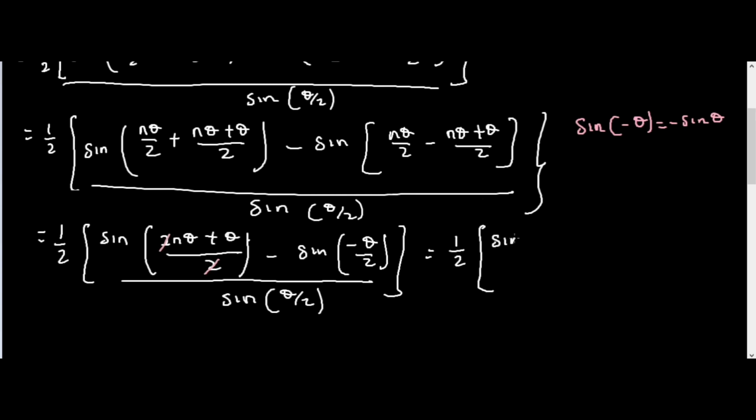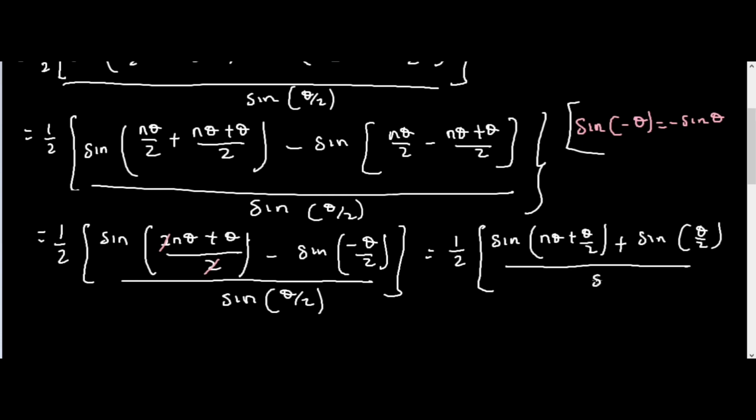I have sine of n pi plus pi over 2. Now it becomes plus, because this minus goes to that minus, then it becomes plus. So plus sine what? You see that you have gotten our answer over sine theta over 2.